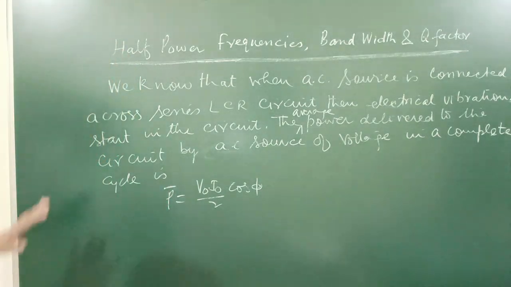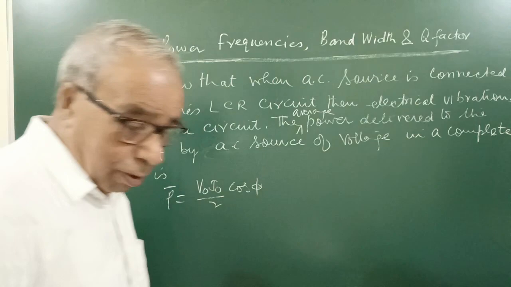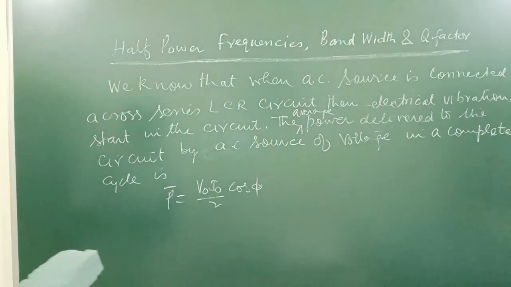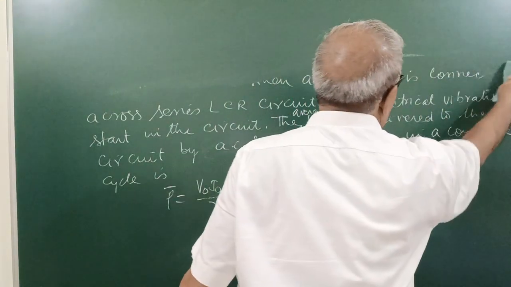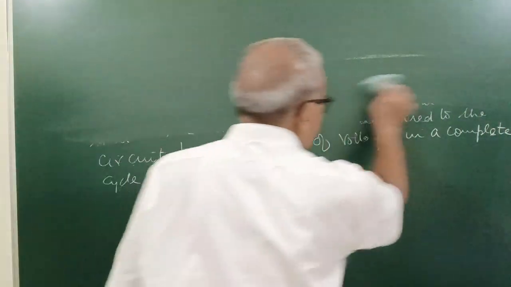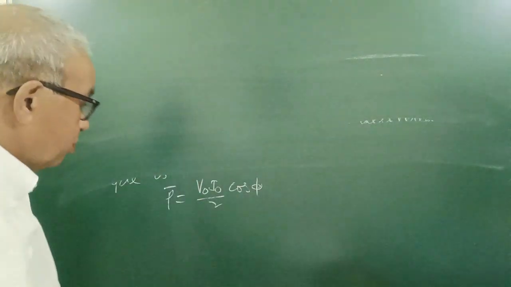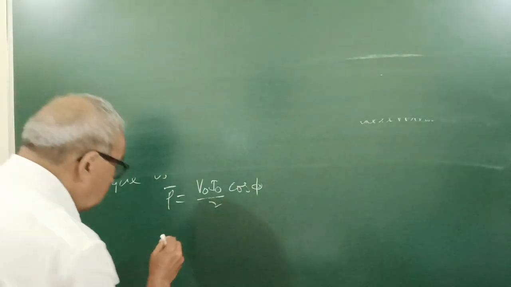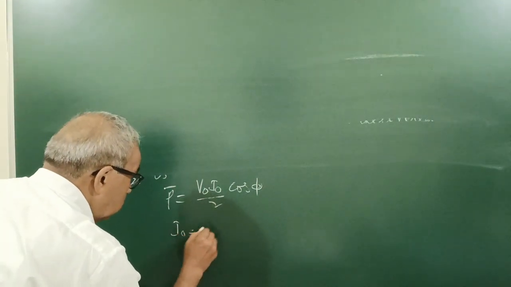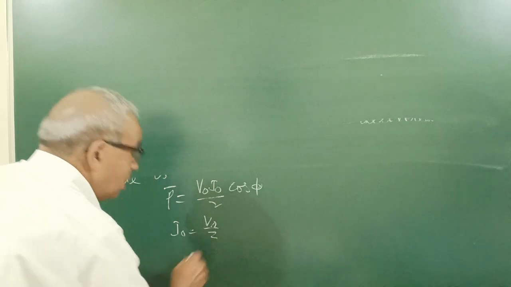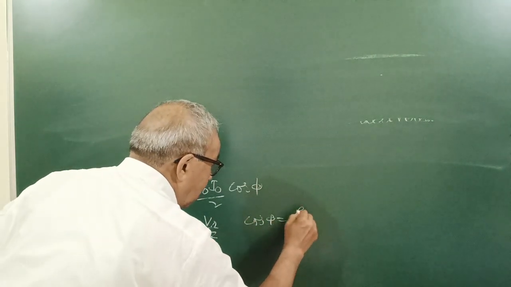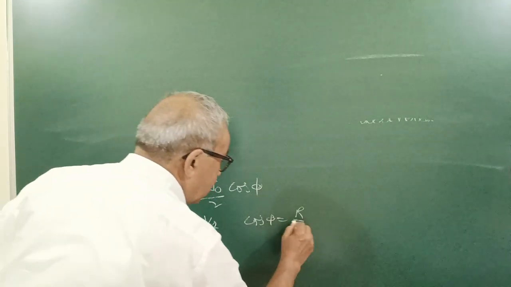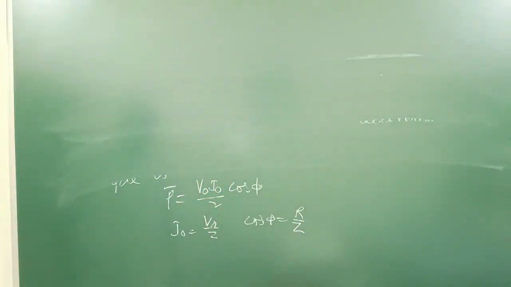Power given to a circuit, the delivered average power, may be dissipated in the form of heat and light and other electromagnetic radiation. Now we know I0 is equal to V0 by Z, and cos phi is also R by Z. You remember cos phi here is called power factor.